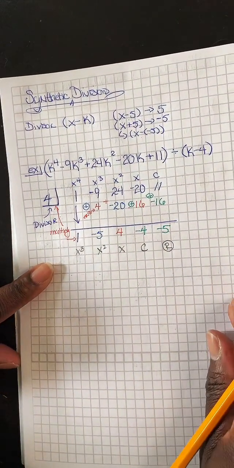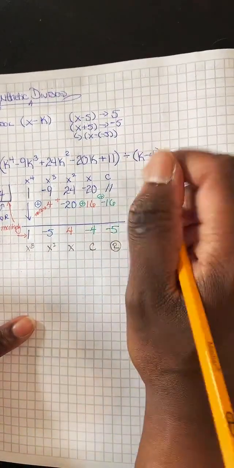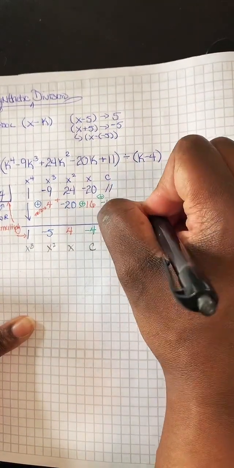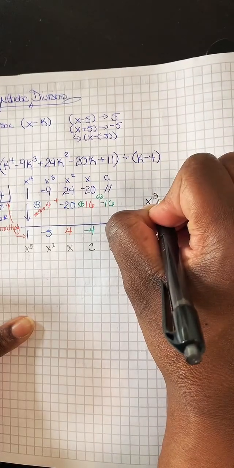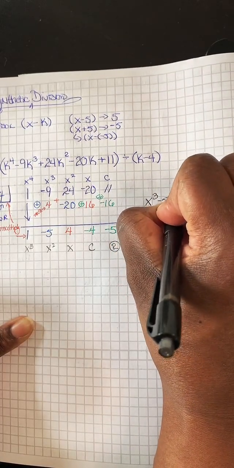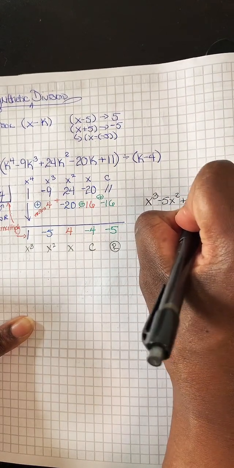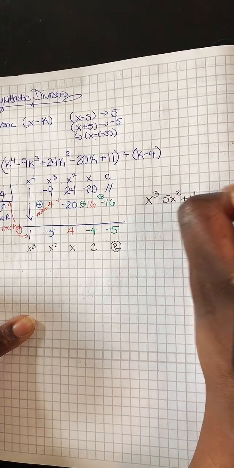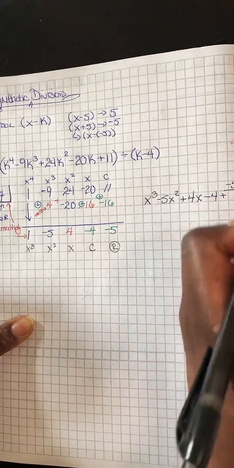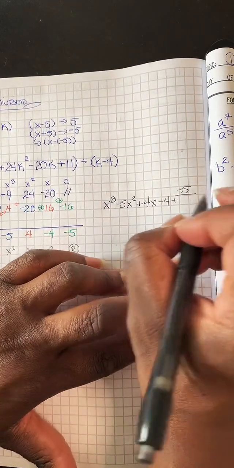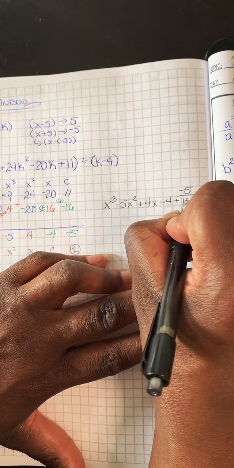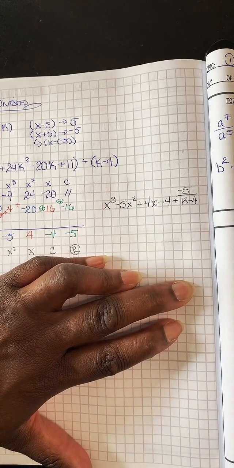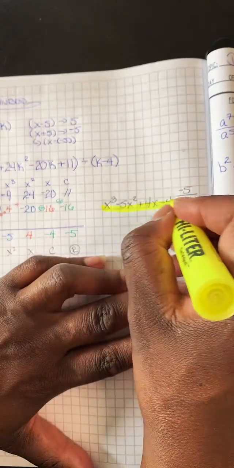So our final answer for this, which I'm going to shift over here, is x cubed minus 5x squared plus 4x minus 4 with the remainder of negative 5 over our divisor, which is originally x minus 4. This would be our answer.